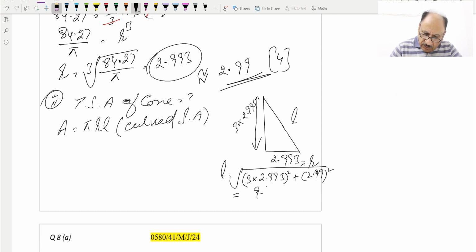So 9.46 we can take, and this will be our L value.